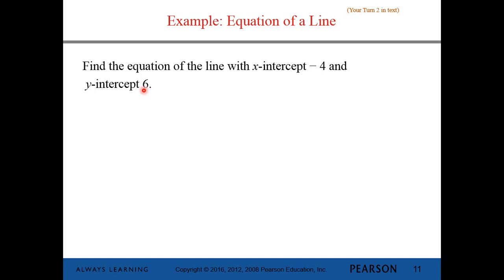Well, we could use the points that represent the x-intercept and the y-intercept. What's the x-intercept? The point -4, 0. What's the point for the y-intercept? That is 0, 6. So we can use those 2 points and calculate the slope. Let's say 6 is my y, which means over here my y1 is going to be 0.